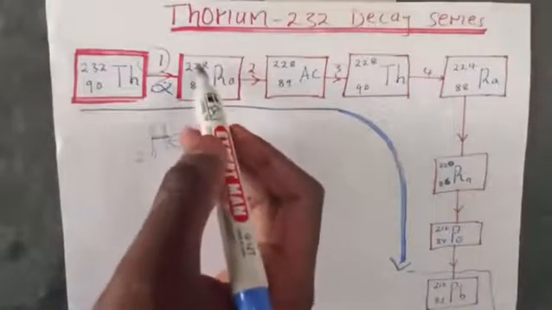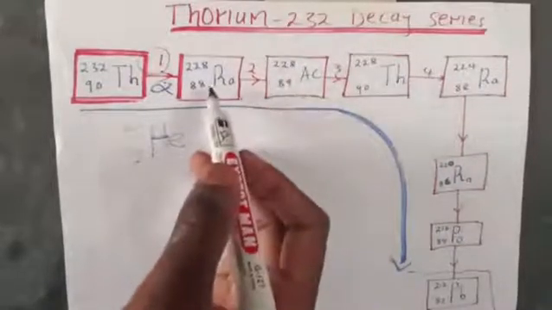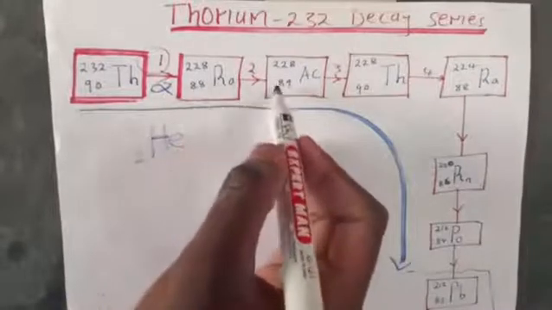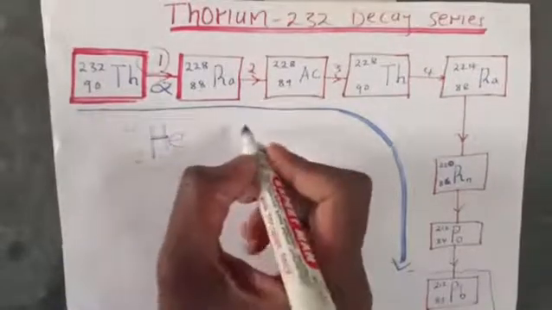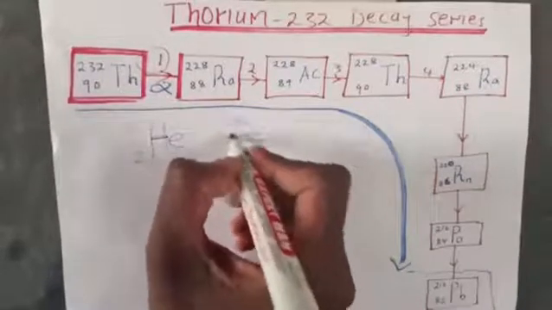If we get to the second step, we have radium that is decaying from a mass of 228 to a mass of 228, that one remains, and then the atomic number is increasing from 88 to 90. If you take an electron, that is a beta decay with a 0 and a -1.